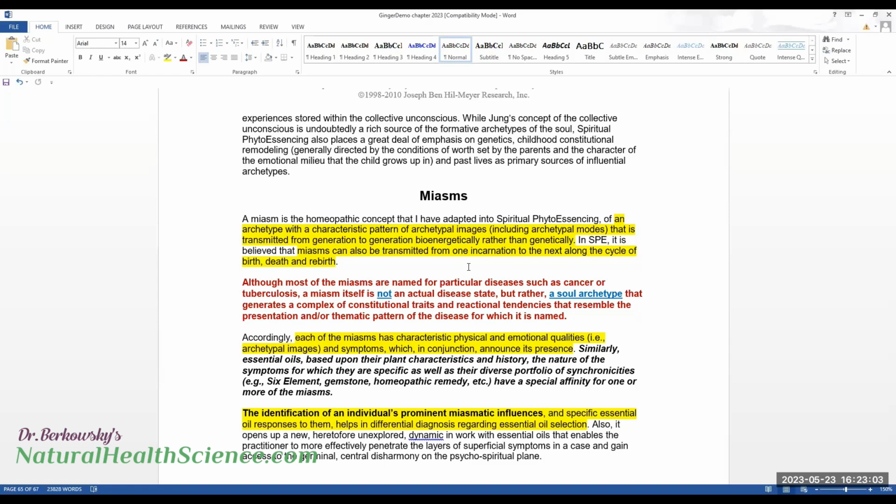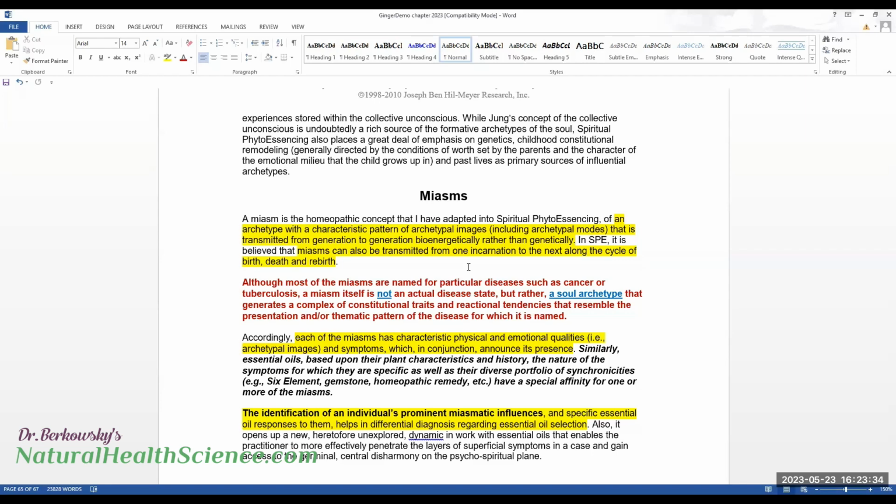And based upon his experience with chronic diseases, which he didn't have a good track record with, he decided that the reason he was successful in treating acute diseases, such as typhoid fever and colds and flus and coughs and things of that nature, but failed at chronic diseases, is that in those long-term chronic diseases, there are miasms acting as a blocking agent, like a wall that he could not penetrate to get to the case.